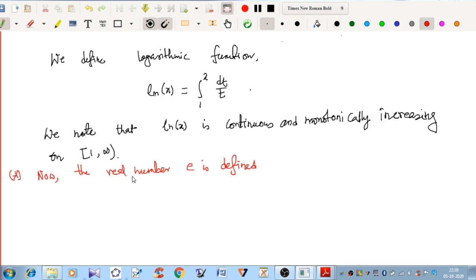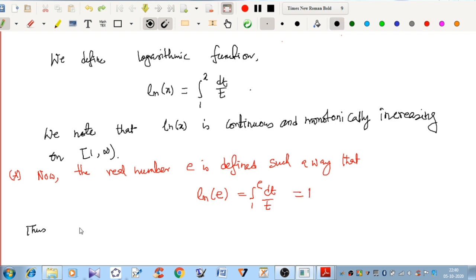Now the real number e is defined in such a way that log of e, that is the integral from 1 to e of dt by t, is 1.